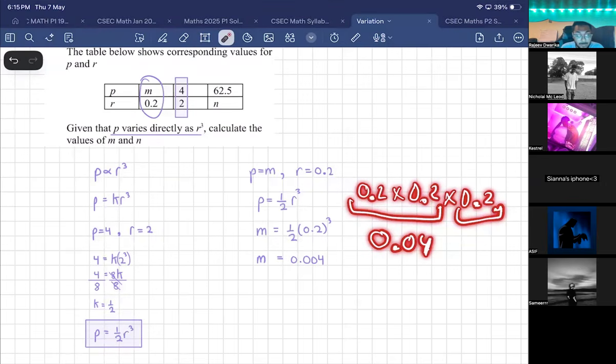Anytime you multiply by decimals, the decimal place grows further. So when I multiply 0.04 by 0.2, what do you think that's going to turn to?